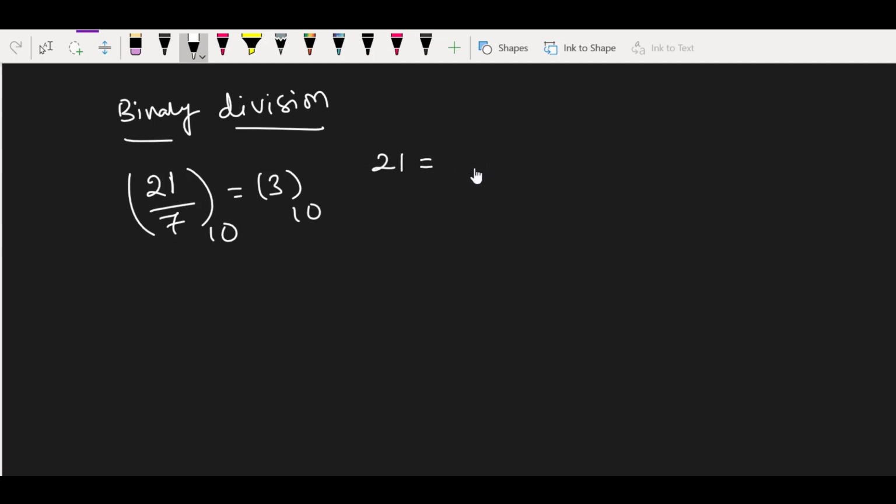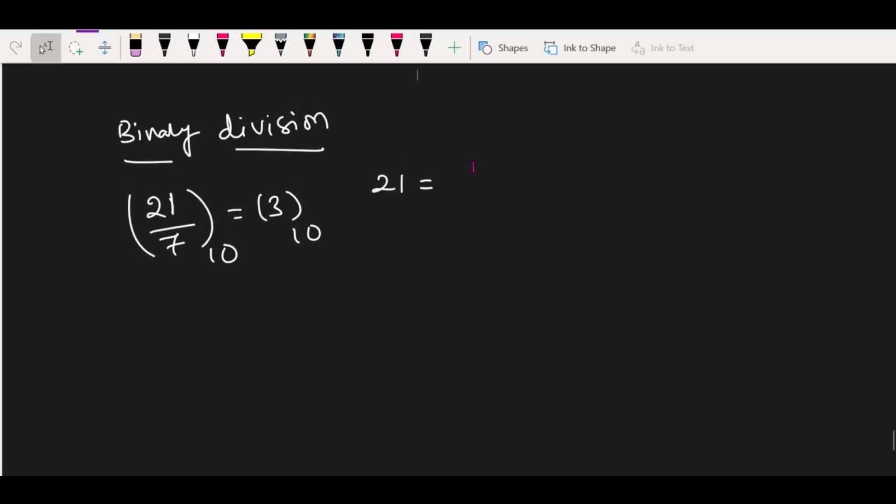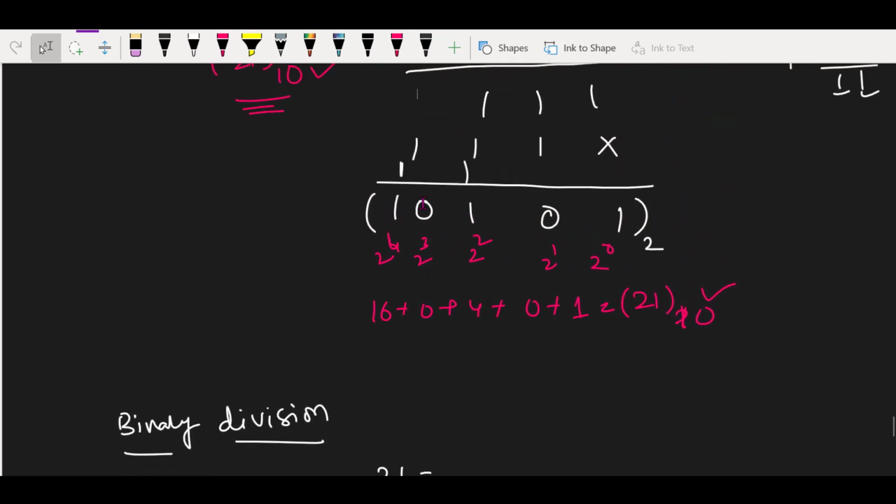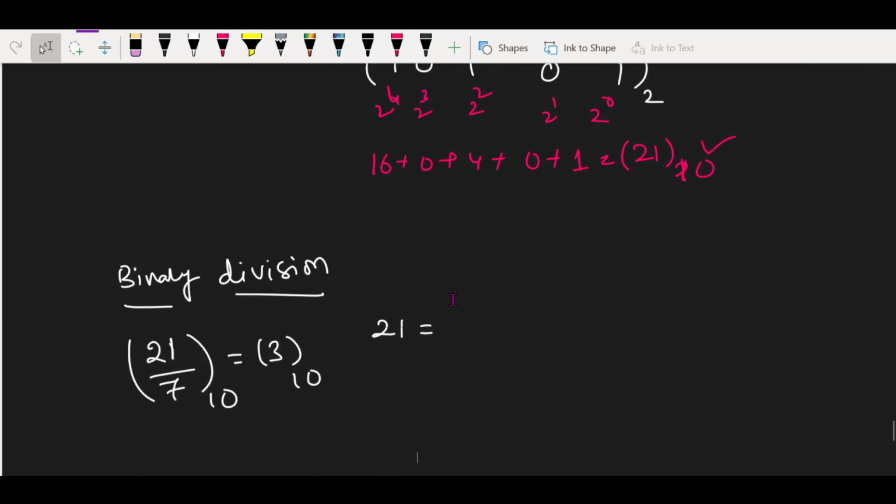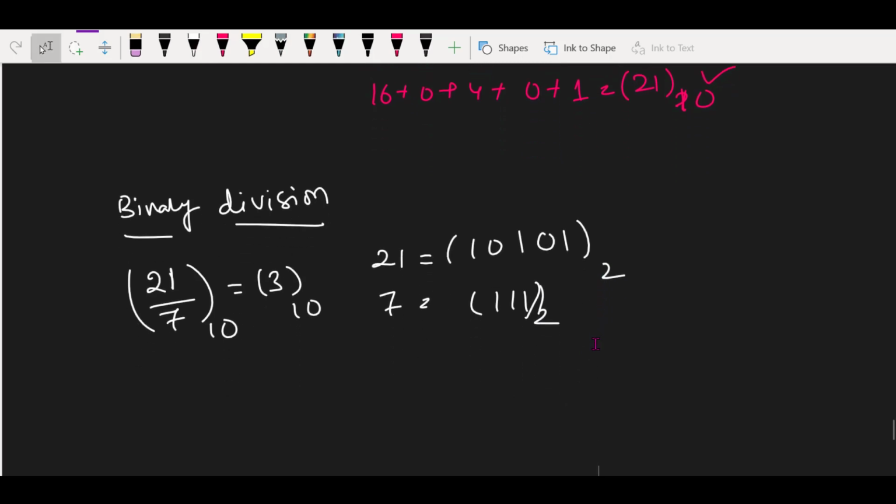Just now we have done it. 21 in the binary form will be 10101. We'll take the same value. So we write it 10101. This is the 21 and 7 will be 111. So we'll try to see how to do the division now.